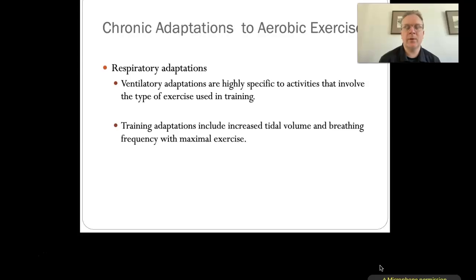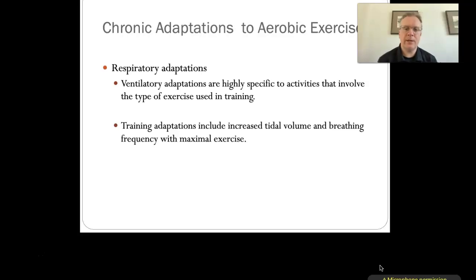Similar to what I said in regards to submaximal ventilatory rate, but even the efficiency and how much oxygen we're actually getting to the working tissue. With aerobic, we're going to see more oxygen getting to the working tissue, where anaerobic is not seeing that aerobic type response or adaptations to exercise.